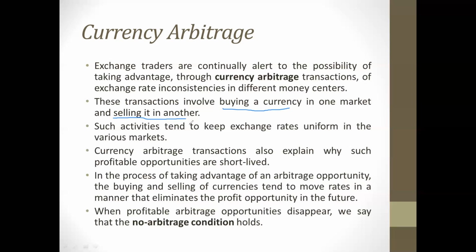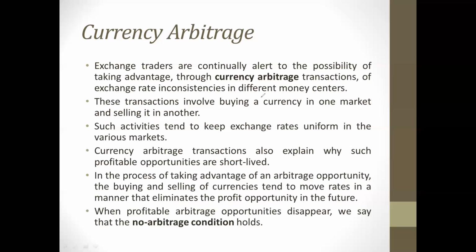So that arbitrage profit, the profit earned through exchange rate differences, is going to vanish. That is why currency arbitrage transactions explain why such profitable opportunities are very short-lived. You cannot take continuous profit.